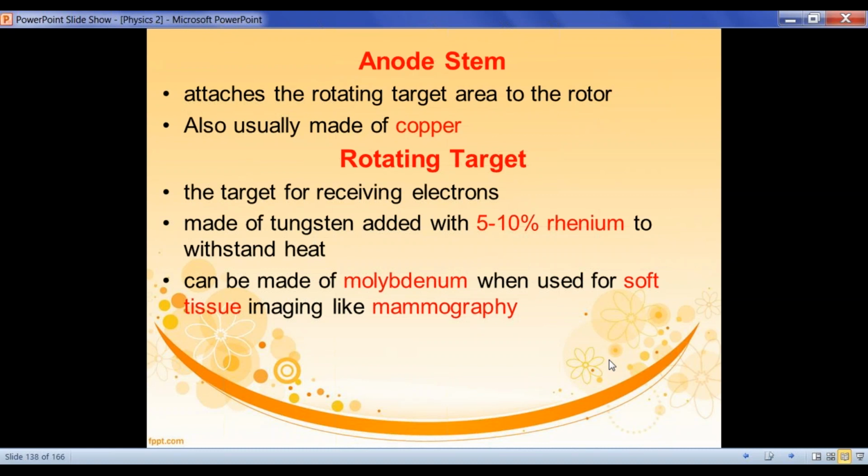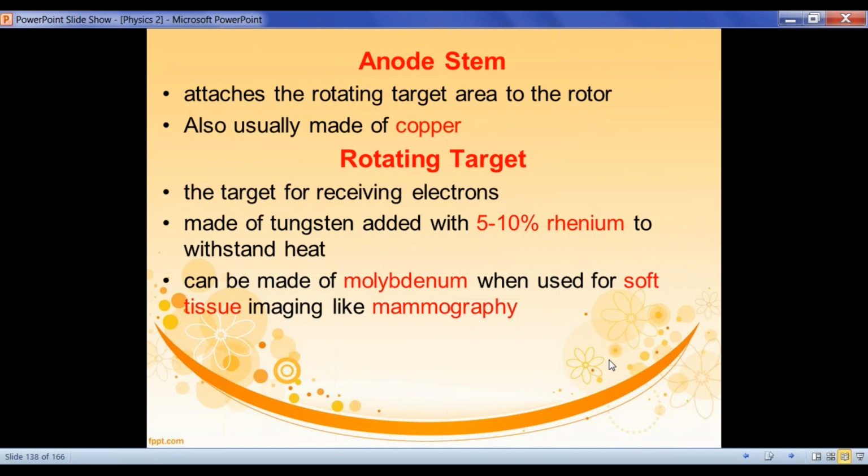Hindi po lahat ng X-ray machines na target ay made of tungsten. Meron pong made of molybdenum, especially when we are using our X-ray unit for soft tissue examinations like mammography. Tanong po, bakit hindi pwedeng tungsten din ang target ng ating mammography unit?